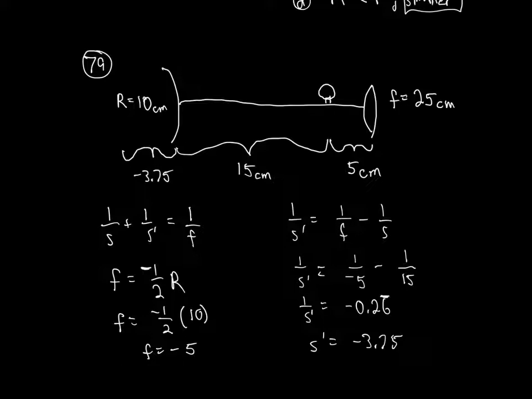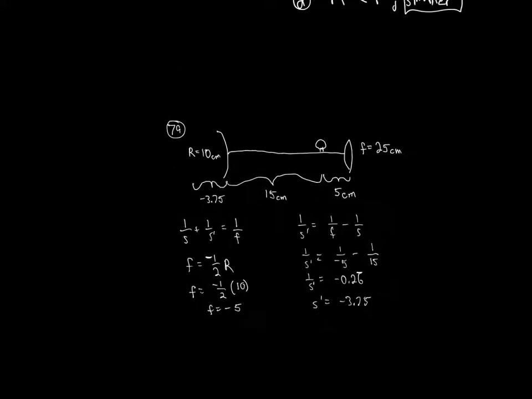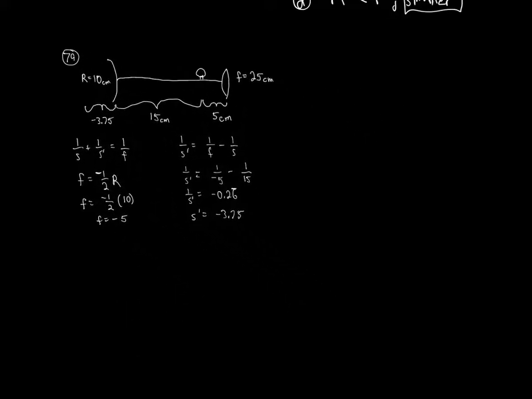So now I need to take all of this, let's shrink it down a little bit, and we need to actually find the distance that I get for the lens. Now I'm going to look through this lens, and I'm not going to see the light bulb, I'm going to see the image from the mirror. So I need the object distance from the lens. How far is that image from the lens?